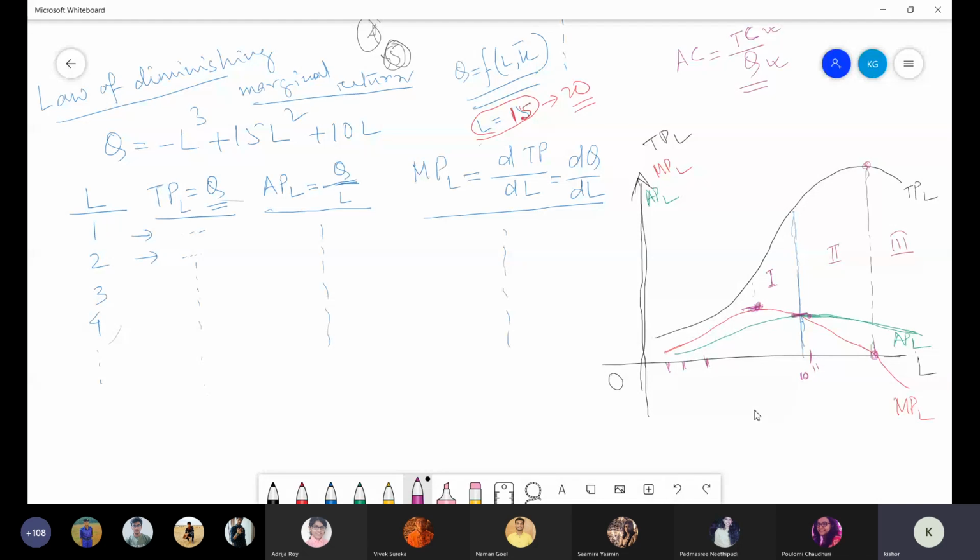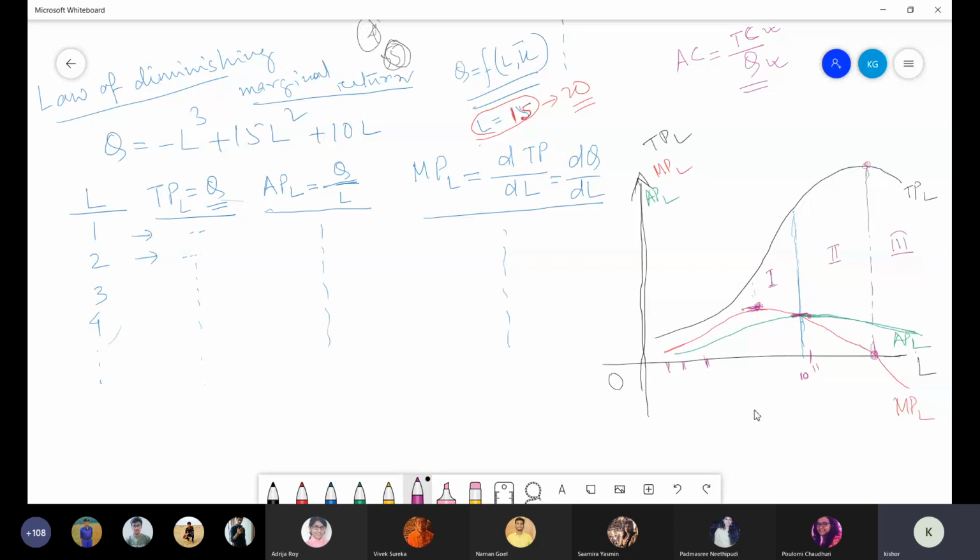But in real life, you do not have this graph. Because of that, your production decision will be at the beginning of stage 2. Because the moment you enter stage 2, you realize that average product decreases, immediately you stop adding additional unit of labor. You will no more add additional unit of labor. So your production decision will be at the beginning of stage 2.